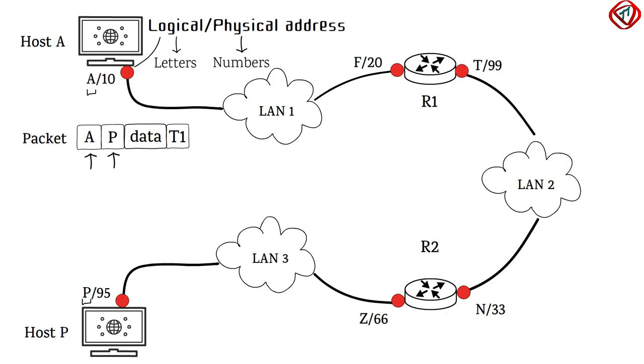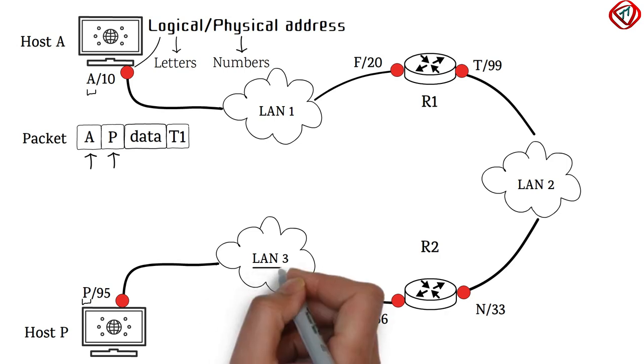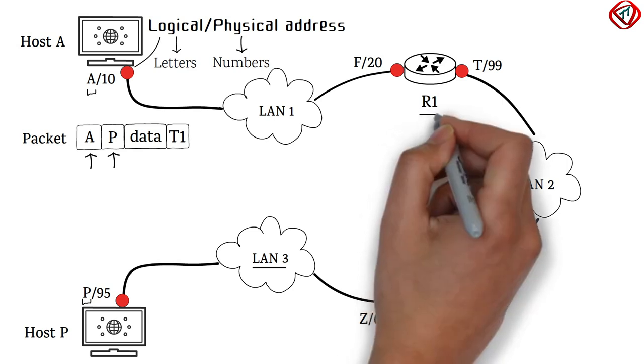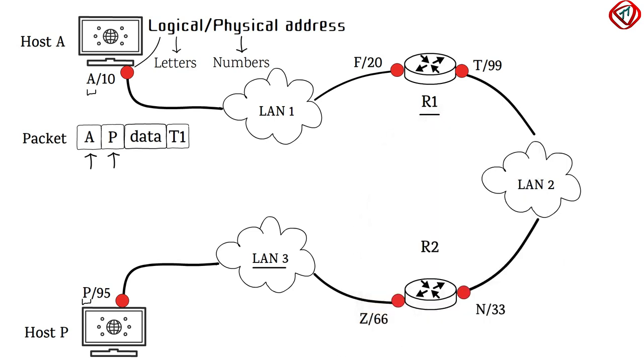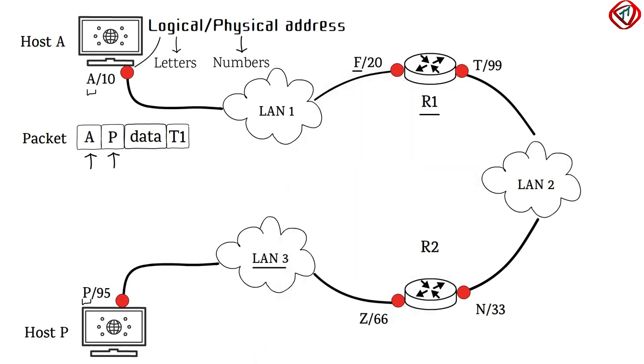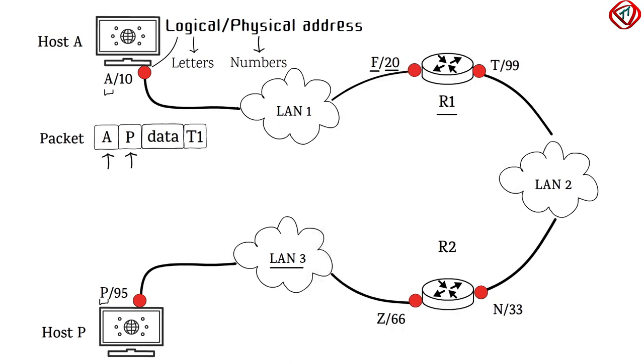Since the destination host is present in different LAN, so the data first must route to the router 1. The network layer finds the logical address of the router 1 using the routing table. Address Resolution Protocol gives its physical address 20.